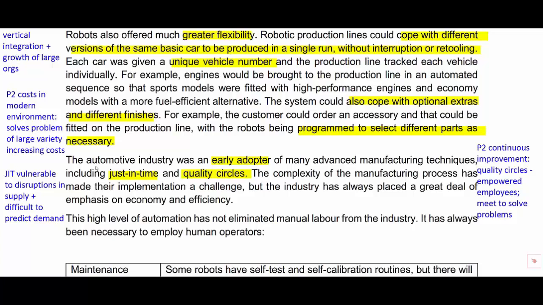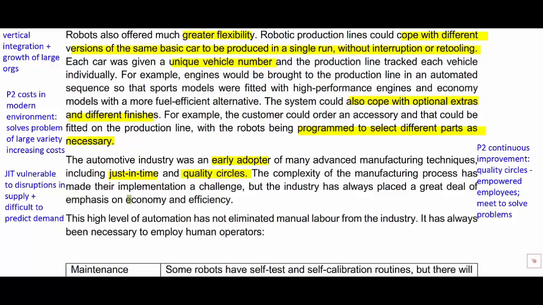And it's difficult perhaps to predict demand all the time. There will be lulls in demand and there will be peaks in demand. And it means that your demand prediction has to be very, very strong in order to ensure you're ordering the right number of parts from your suppliers.